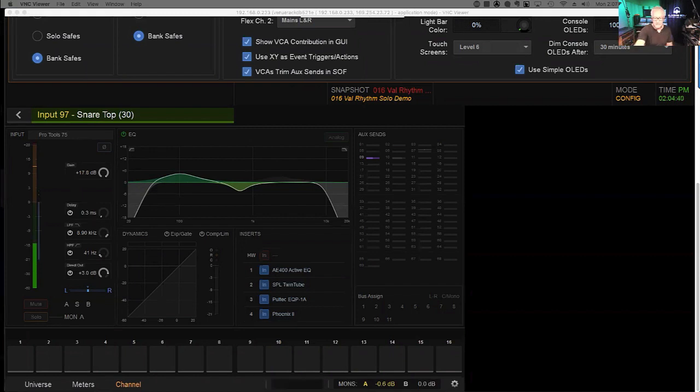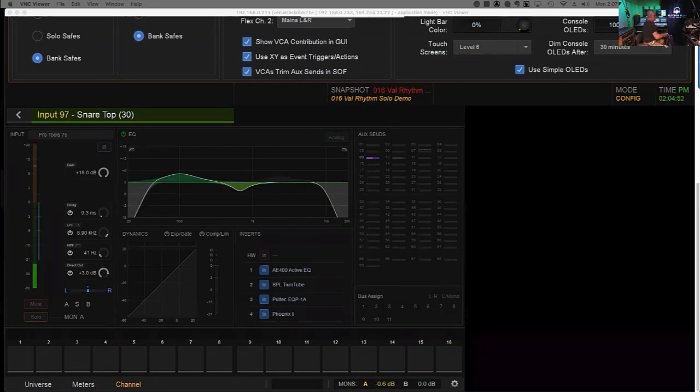Let's see here, see if I've got enough gain here. I can't get enough gain on it because I'm in playback here. I've kind of cheated the system a little bit. Let me do this. Hang on, I'll do it here.